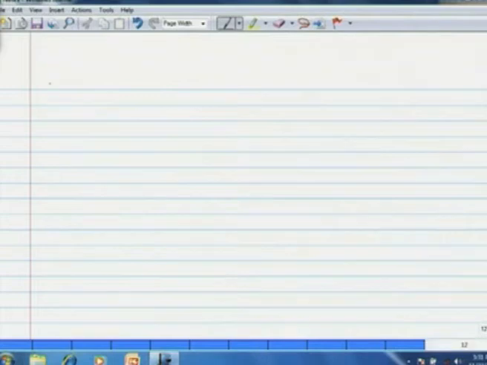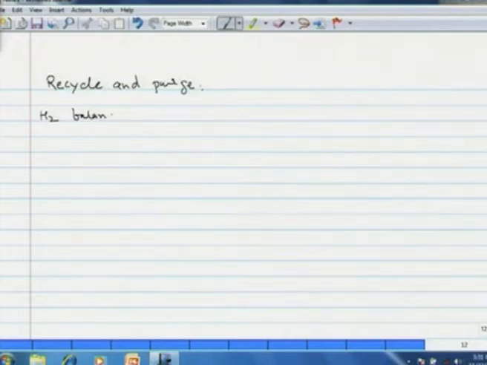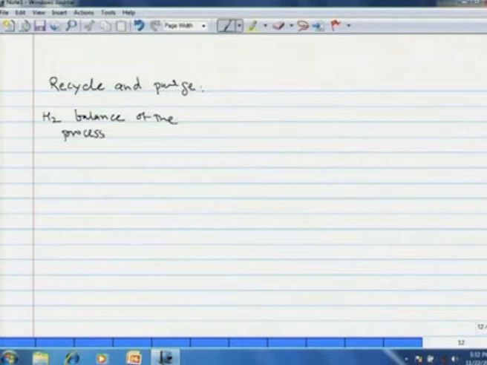Okay. Now, let us focus on the recycle and purge. Let us now do the hydrogen balance of the process. We are feeding an excess of hydrogen to force complete conversion of toluene.